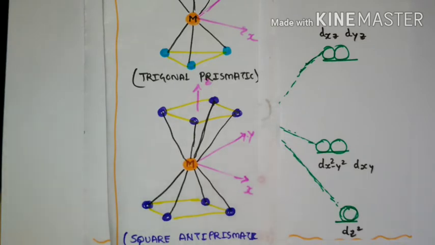Okay, so in the case of trigonal prismatic and square antiprismatic, the dz square orbital has lower energy, whereas dxz, dyz orbitals have higher energy. In between them, dx square minus y square and dxy will lie.